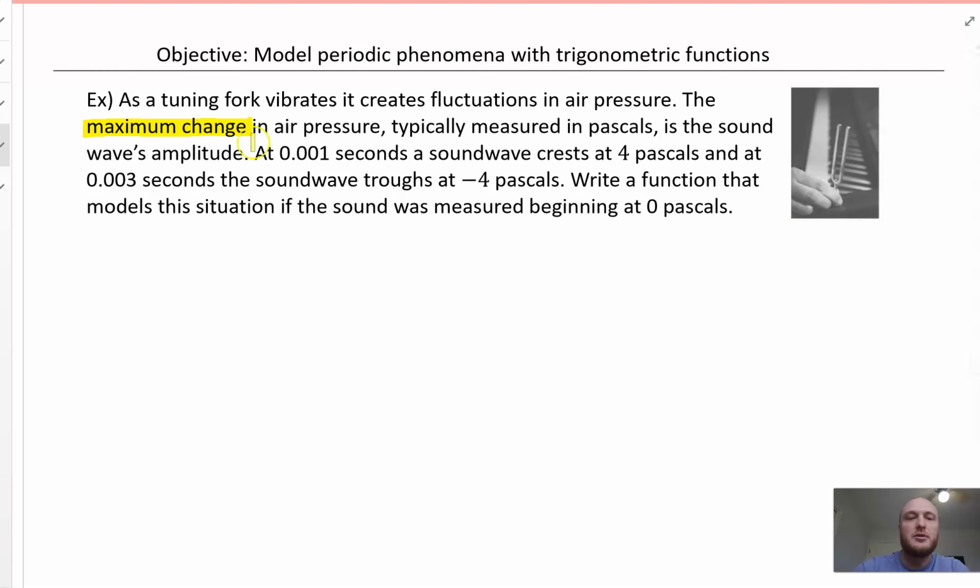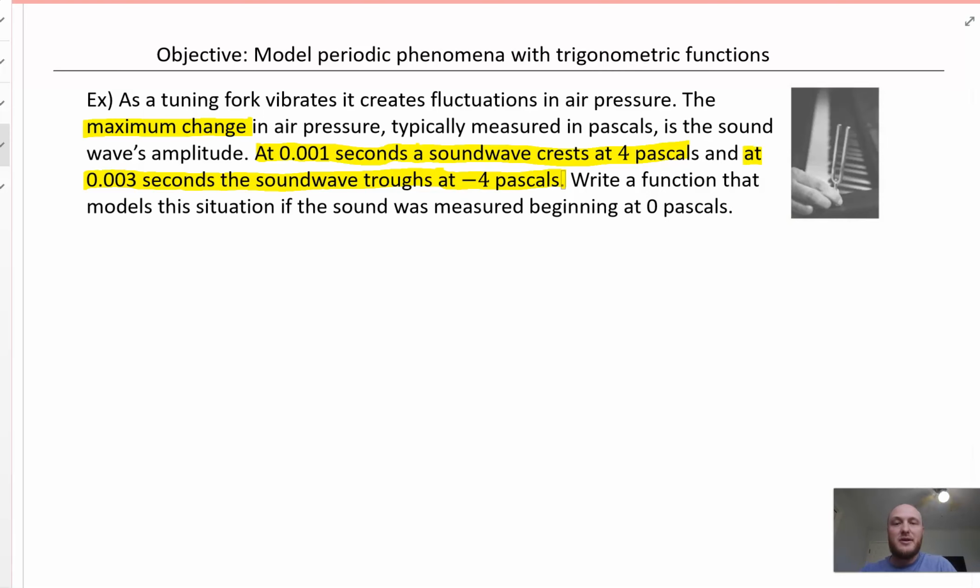At 0.001 seconds, a sound wave crests at 4 pascals. And at 0.003 seconds, the sound wave troughs at -4 pascals. It looks like they just gave us our max and our min.